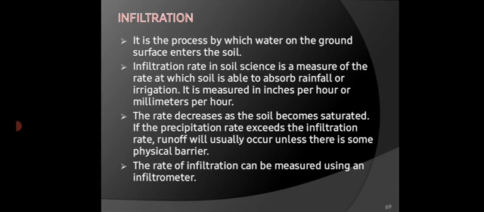The next parameter is infiltration. It is the process by which water on the ground surface enters the soil. Infiltration rate in soil science is a measure of the rate at which soil is able to absorb rainfall or irrigation. It is measured in inches per hour or millimeters per hour.